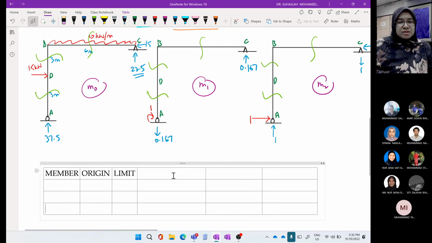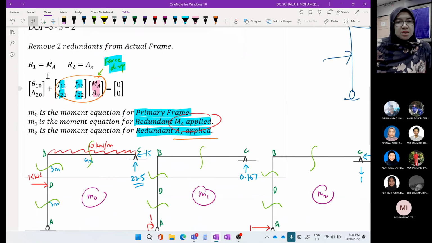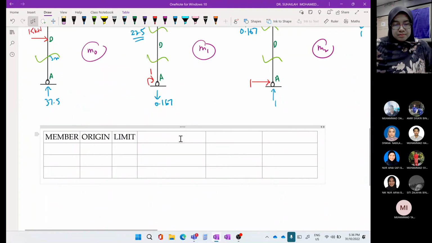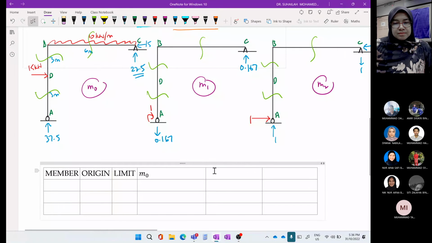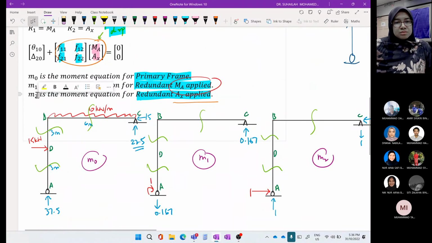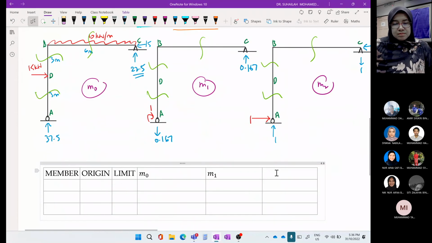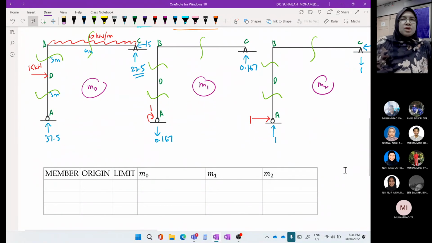Three cutting sections. M naught, M1, M2. Okay.